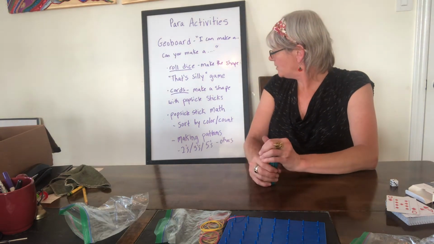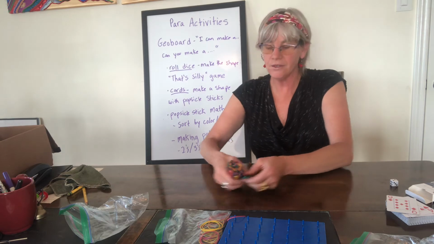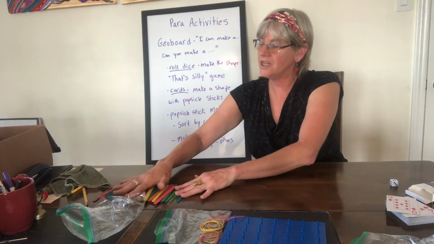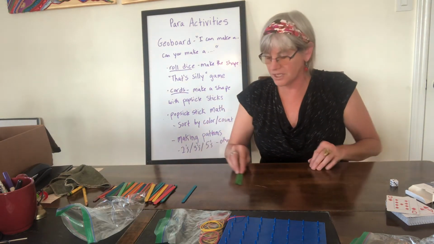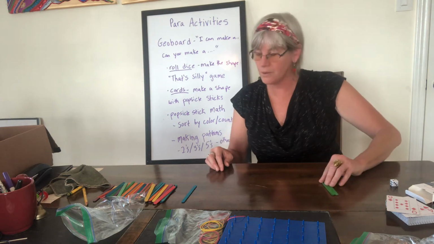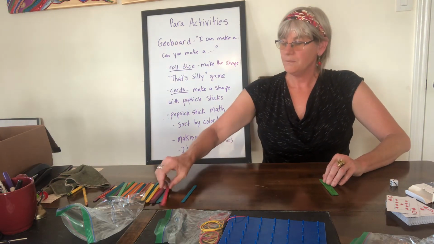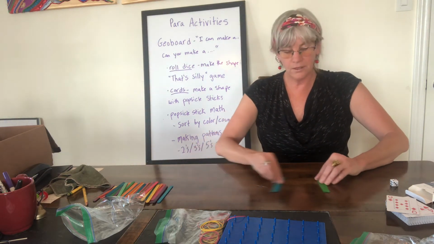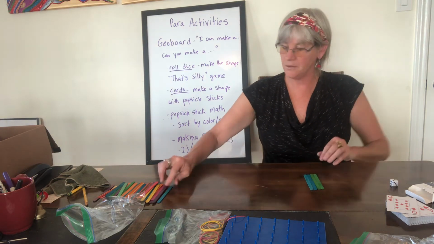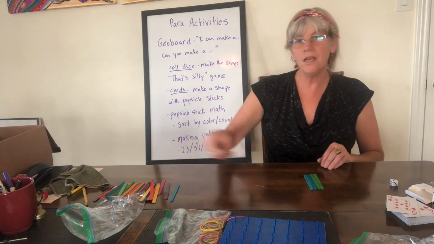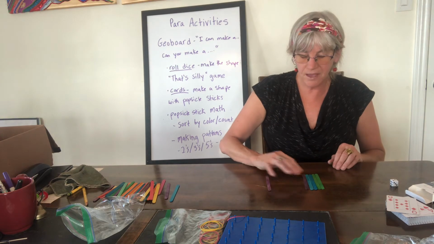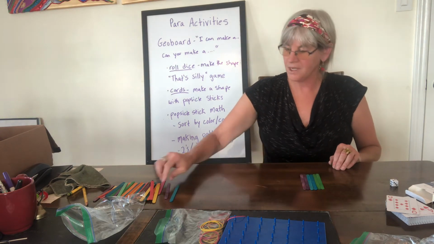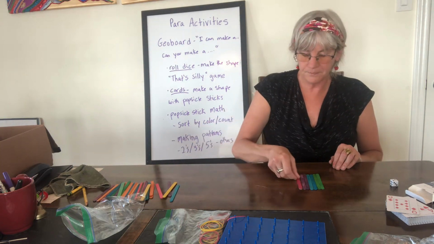And then also making patterns. We're working on our skip counting still, so we're going to be following up with that. So 2 of one color, 2 of another color, 2 of another color. They're going to be skip counting by 2s up to 20.